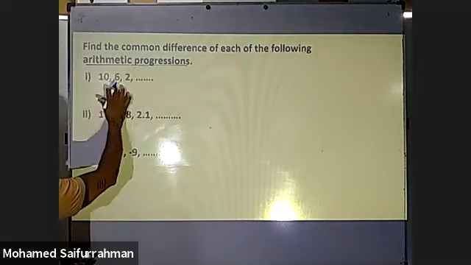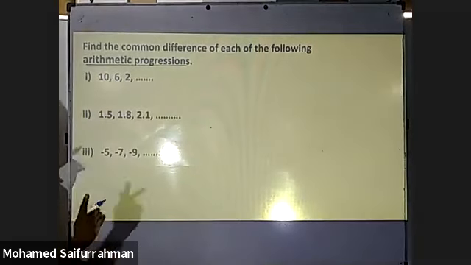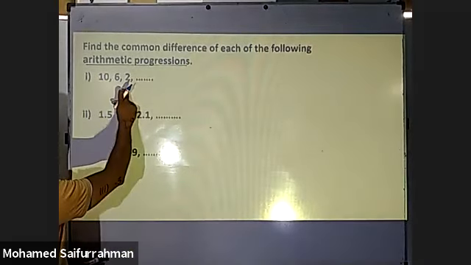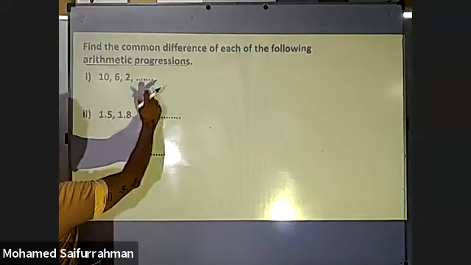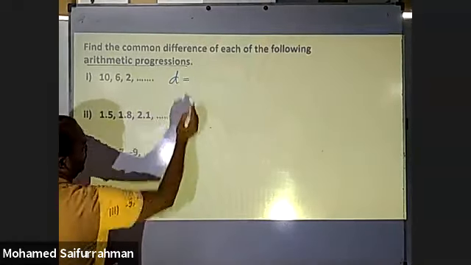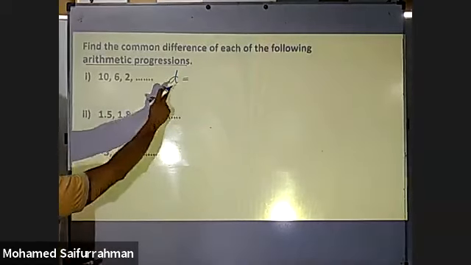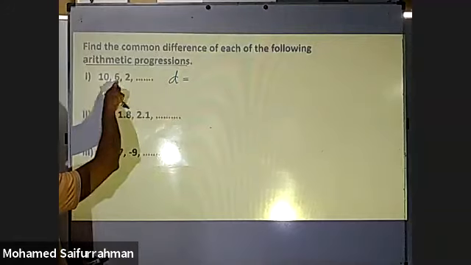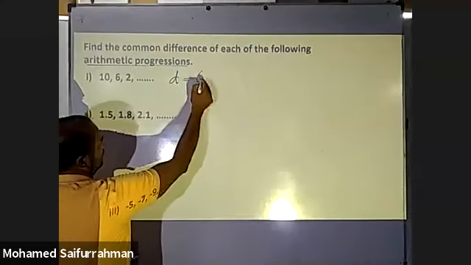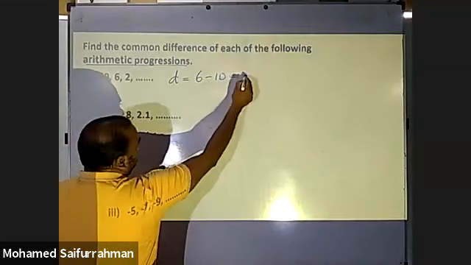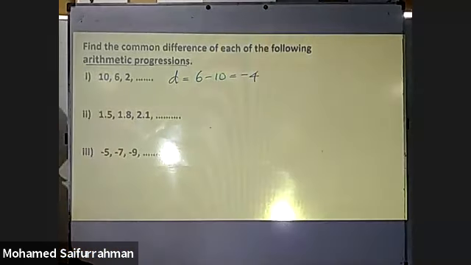If this is an arithmetic progression, you know how to calculate the value D, the common difference. So the common difference D is the second term minus the first term: 6 minus 10. The answer is minus 4.